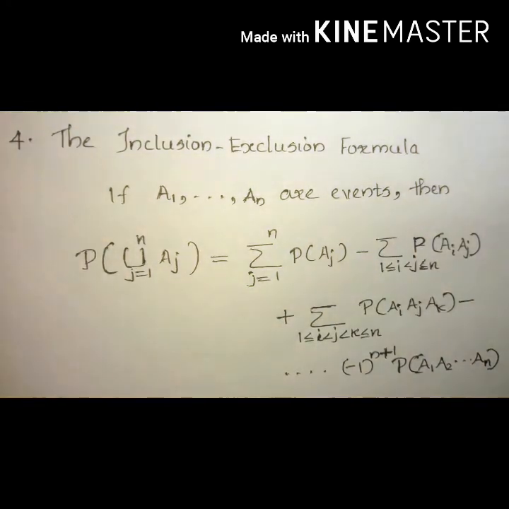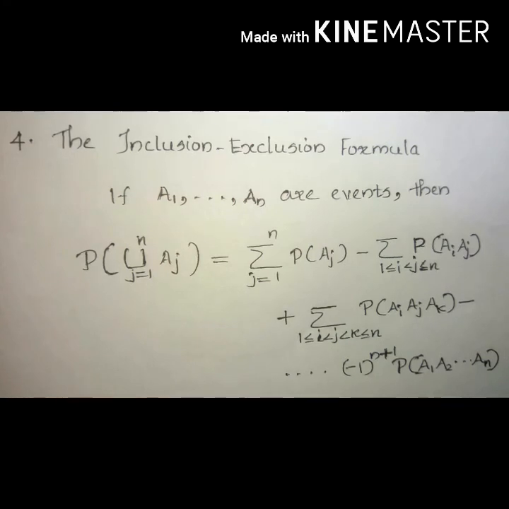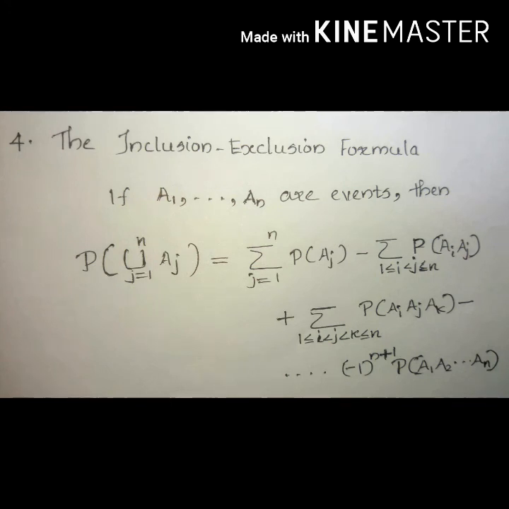P(A union B) equals P(A) plus P(B) minus P(AB). Let's see the fourth result, the inclusion exclusion formula. That is, if A_1 to A_n are events, then P of the union over j equal to 1 to n of A_j equals the summation over j equal to 1 to n of P(A_j), minus the summation over 1 less than or equal to i less than j less than or equal to n of P(A_i A_j), plus the summation over 1 less than or equal to i less than j less than k less than or equal to n of P(A_i A_j A_k), minus, etc., up to minus 1 raised to n plus 1 times P(A_1 A_2 ... A_n).